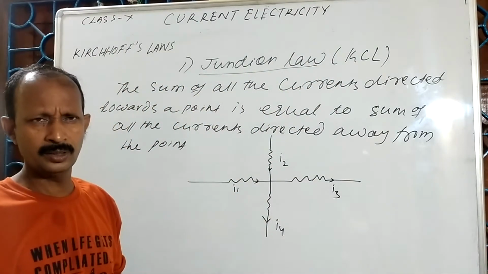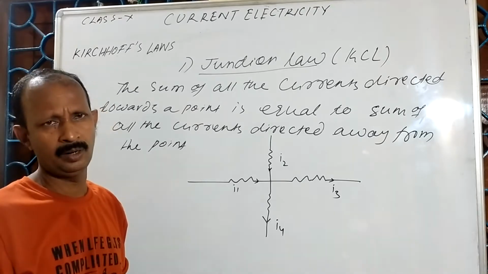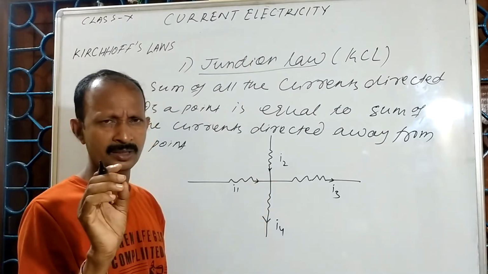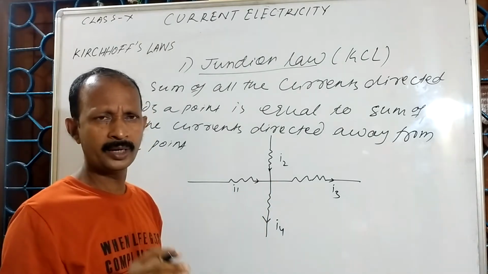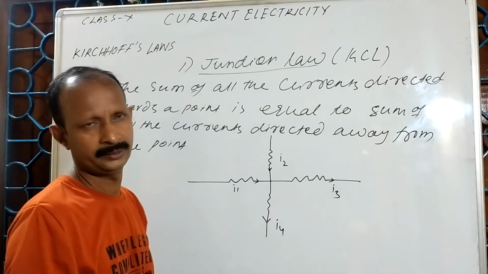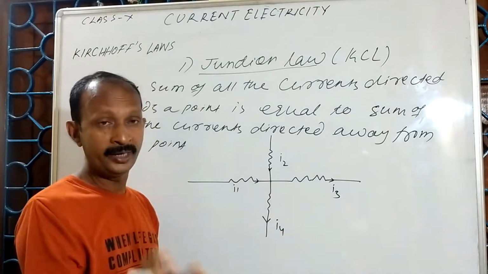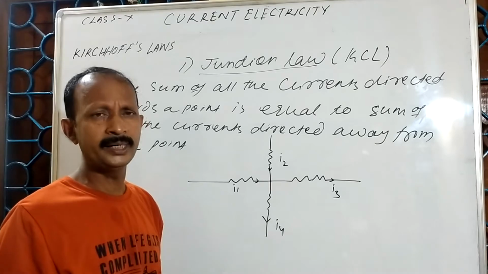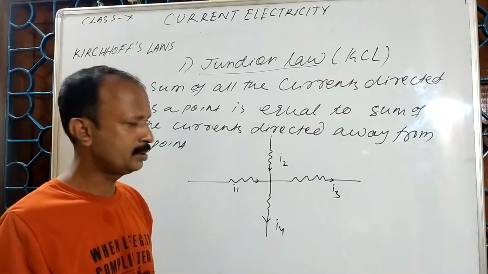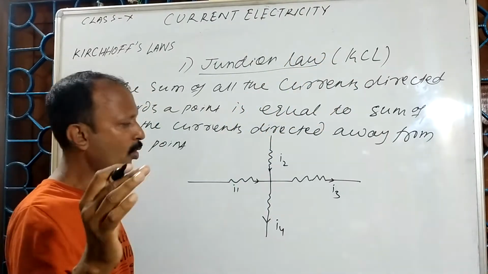What do you mean by junction? The thing is that here is a junction. Junction in the sense, the point where three or more wires meet, join. That point is called a junction. That's why Kirchhoff's first law is also called junction law, or Kirchhoff's current law.